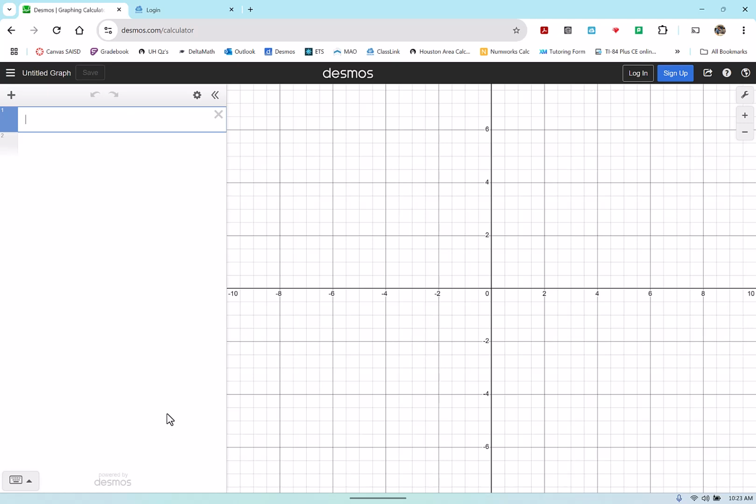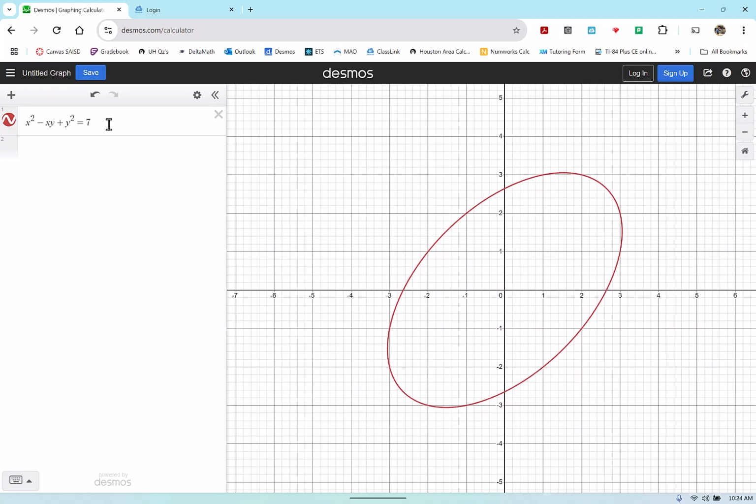Focus, guys. X squared minus xy equals 7. Yeah, I like it. Okay.